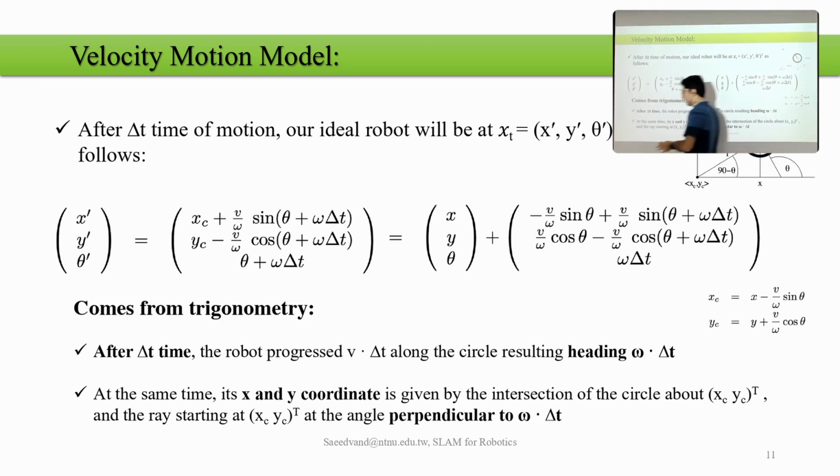Then at the same time, x and y coordinates are given by the intersection of the circle about xc, yc, based on the center that we have, and the ray starting from xc, yc, which is like this line.